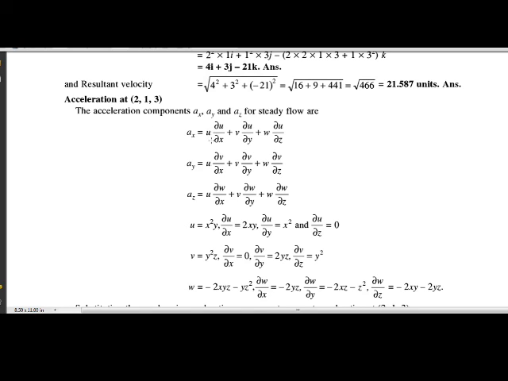We know the value of u is x²y. Then we differentiate this with respect to x, y and z.